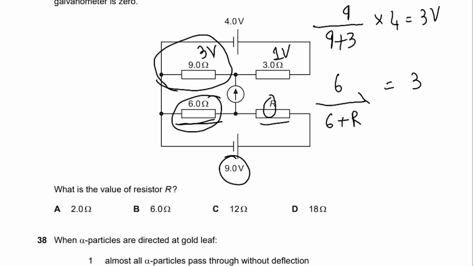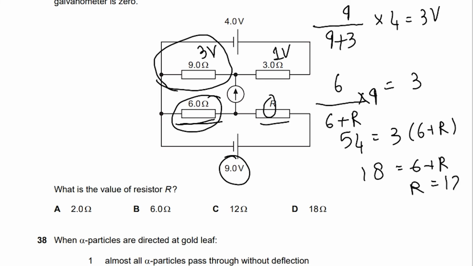So this is the equation and we'll solve for R. 6 multiplied by 9 is 54. 54 is equal to 3 multiplied by 6 plus R. If you divide 54 by 3, you get 18. 18 is equal to 6 plus R, and R is equal to 12 ohm. So C is the correct answer.